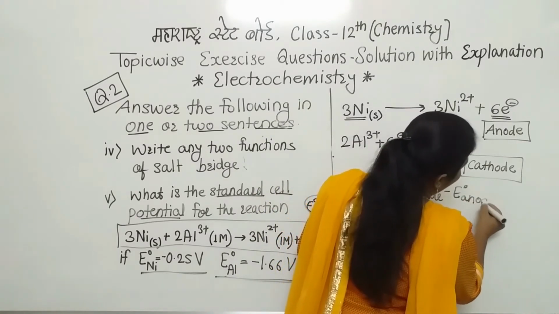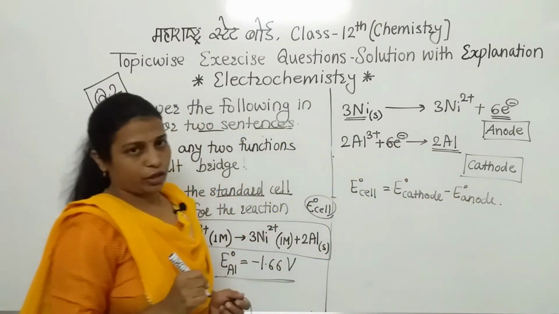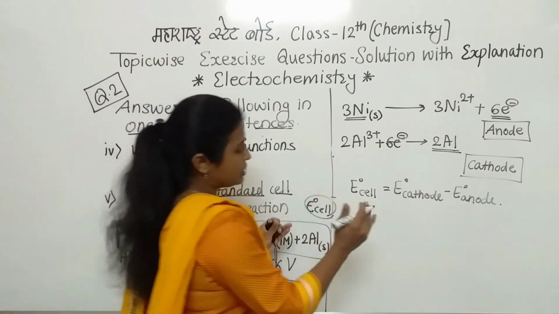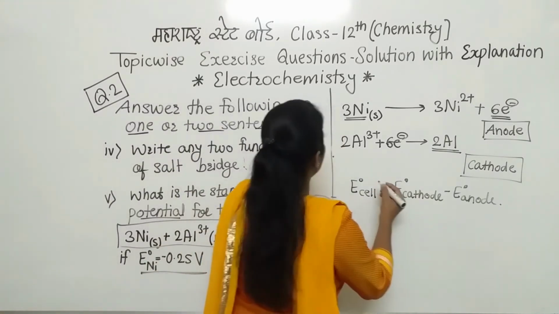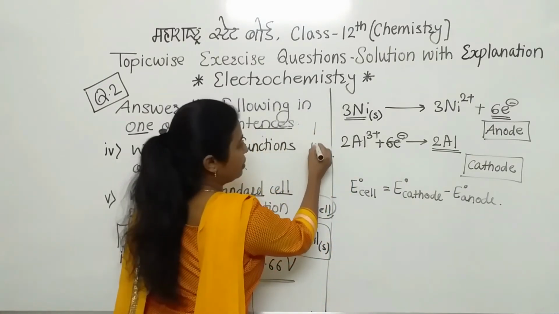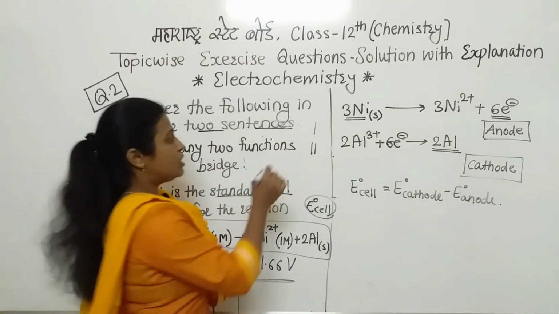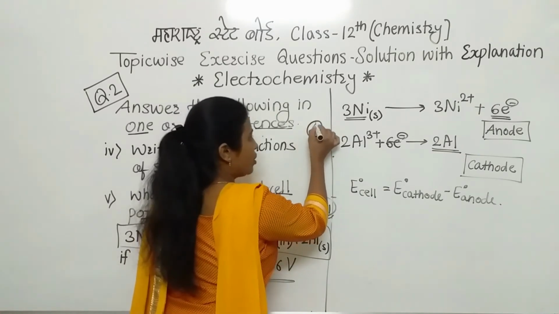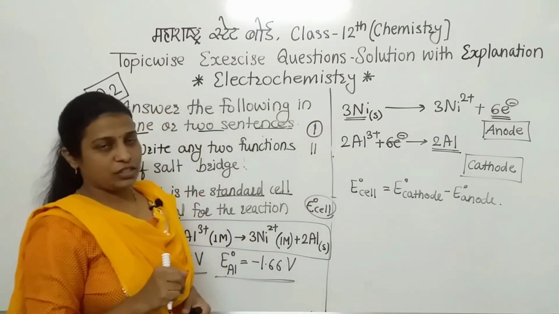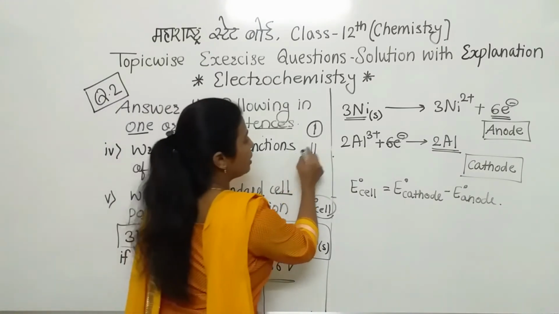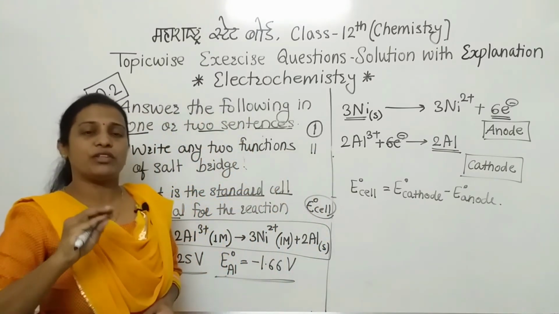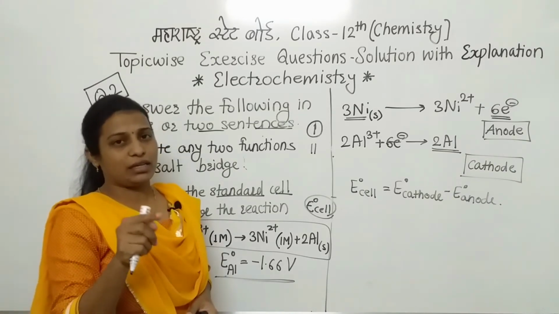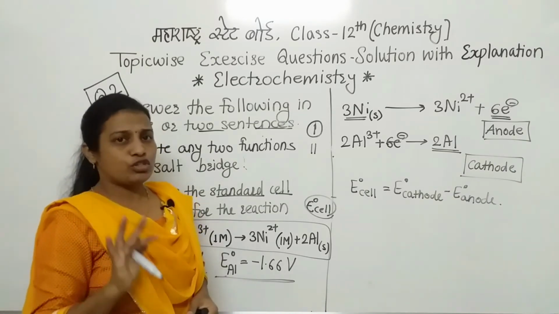anode. Here we now have to see which is the anode and which is the cathode, and how we will represent it. See, if we consider the cell notation, there we have to use a single vertical line and also a double vertical line. A single vertical line indicates that there is a contact between two different phases. A double vertical line indicates the presence of a salt bridge, where two solutions are connected to each other by the salt bridge.